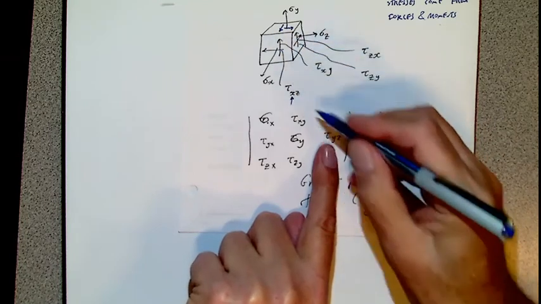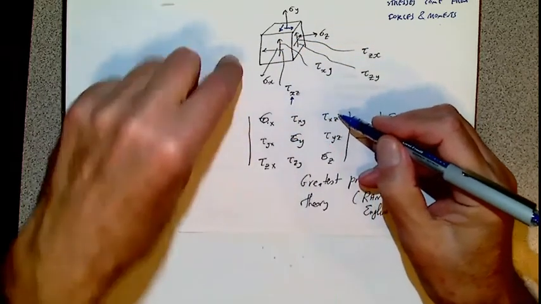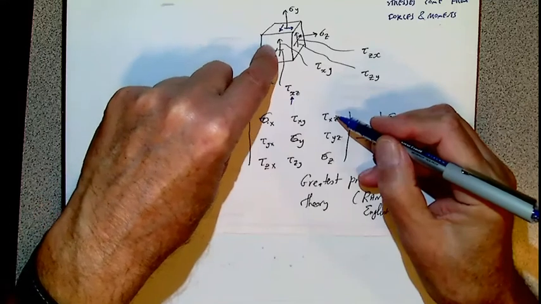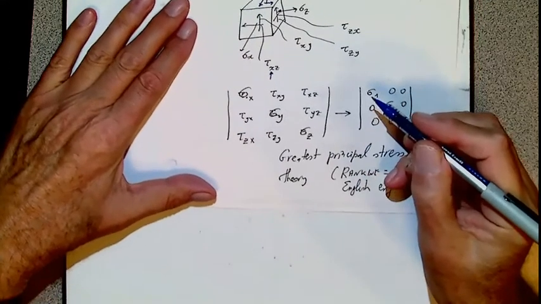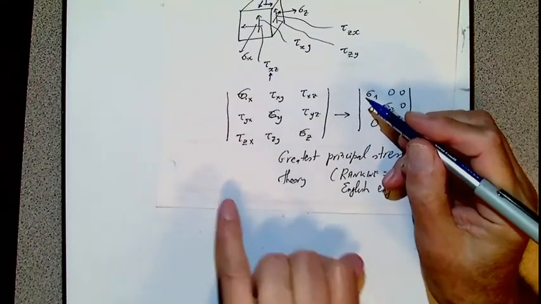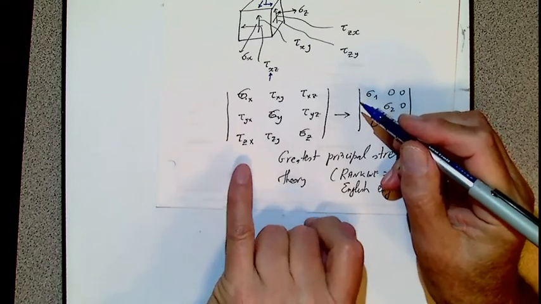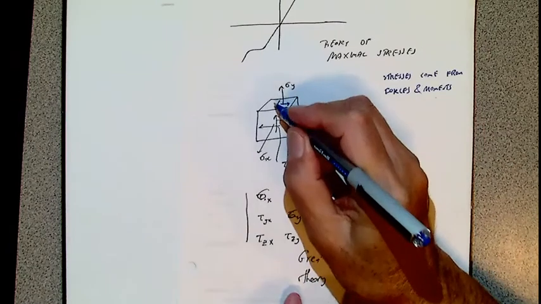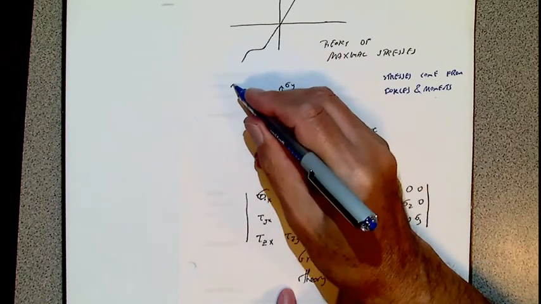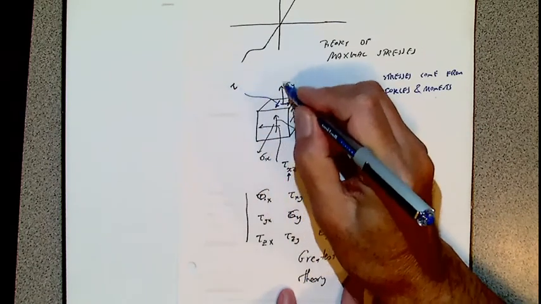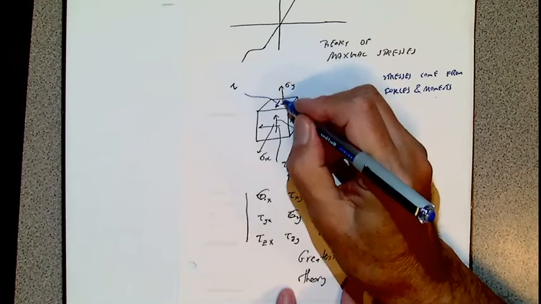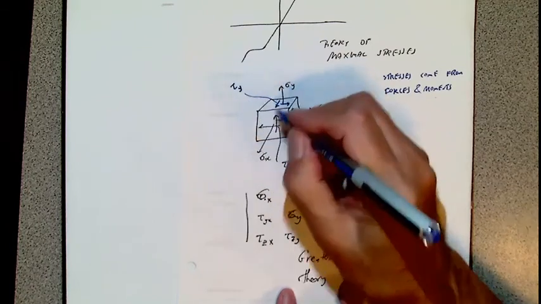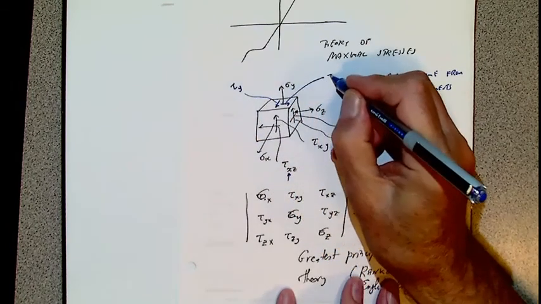I put everything in one line, what acts on this face. Then we have sigma y. Let us make notations. That is tau. Perpendicular to this face is y, so this is also tau y.